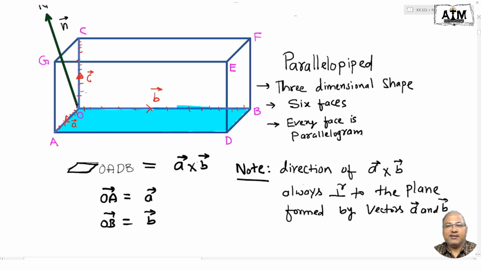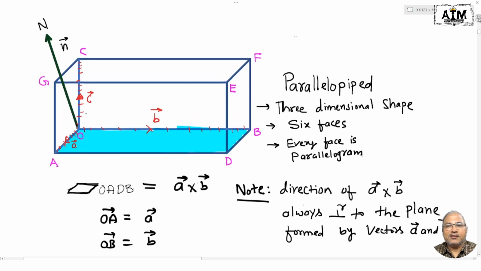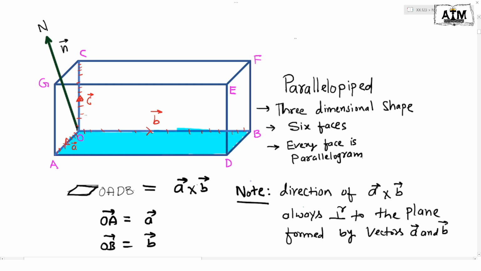We know that whenever there are two vectors, vector A and vector B, if you find their cross product, the cross product is perpendicular to the plane formed by both vectors.